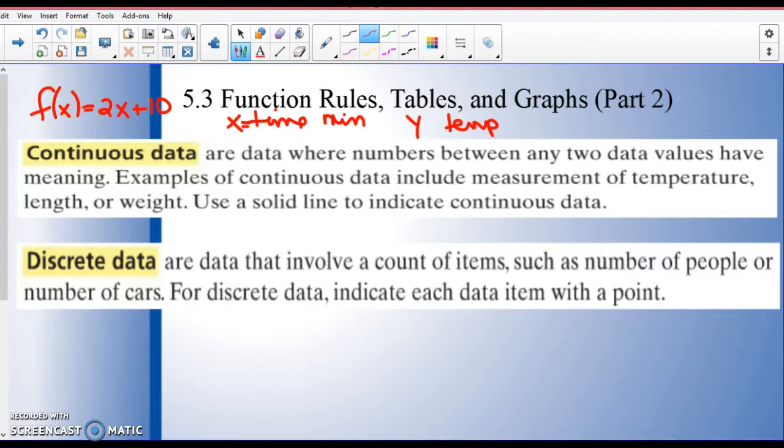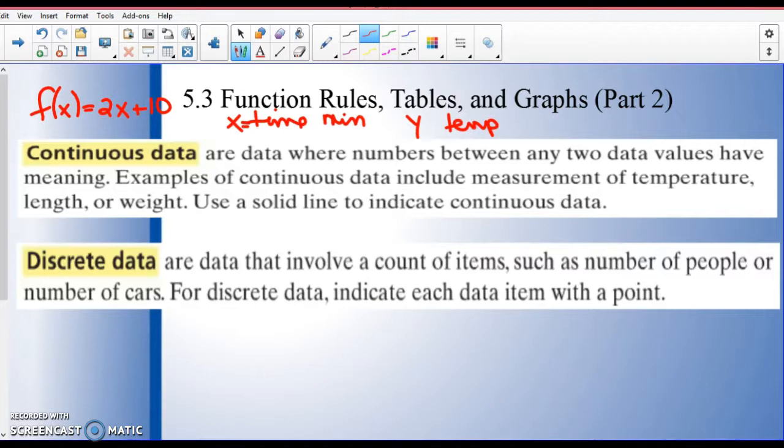It would be a continuous increase. That is called a continuous function, where the numbers increase continuously. That's a great example, time and temperature. If I am consistently heating something, the time ticks up, the temperature ticks up.